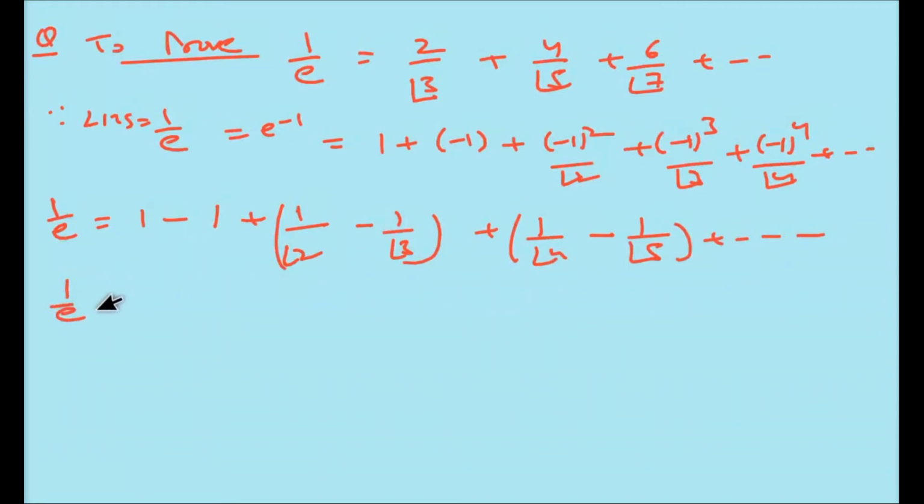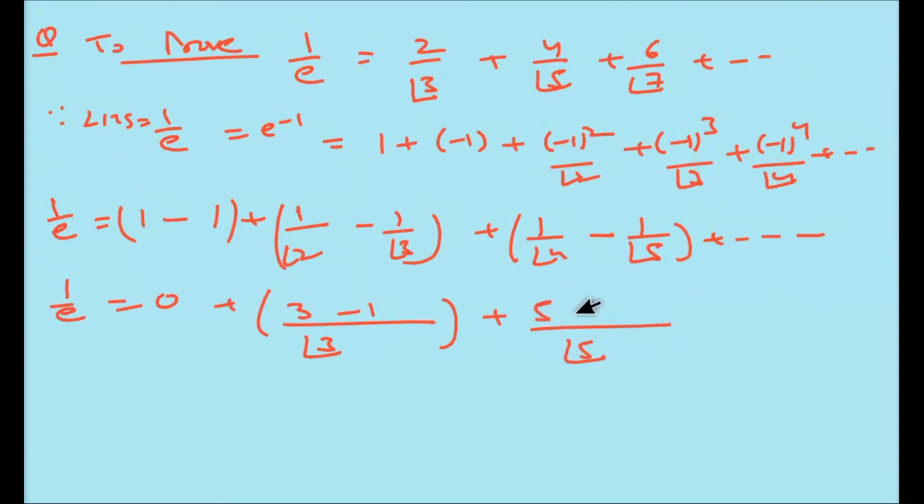So we can write 1 equal to 0, this bracket also. We can write 0 plus, now taking LCM factorial 3, here we get 3 minus 1 plus taking LCM factorial 5, we get 5 minus 1.